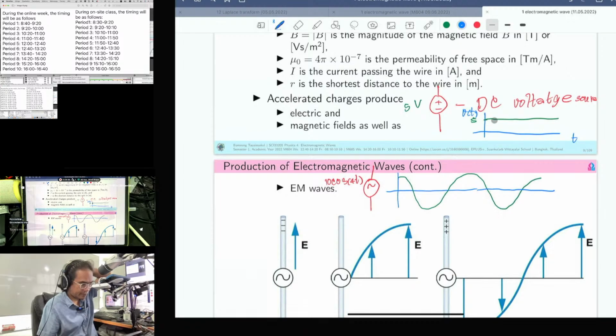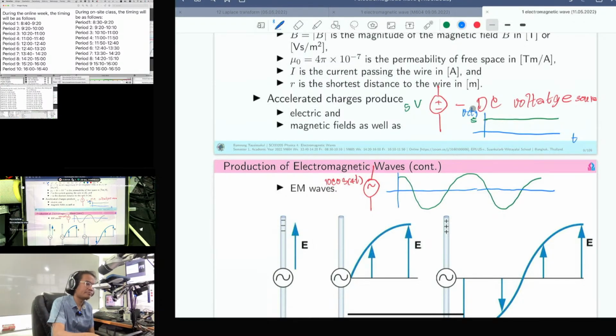This one gives you a constant amount of voltage, 5 volts all the time, but this one can provide a very high amount of positive voltage and also a negative potential difference. And again, it returns to the same positive voltage and returns to the negative voltage later.